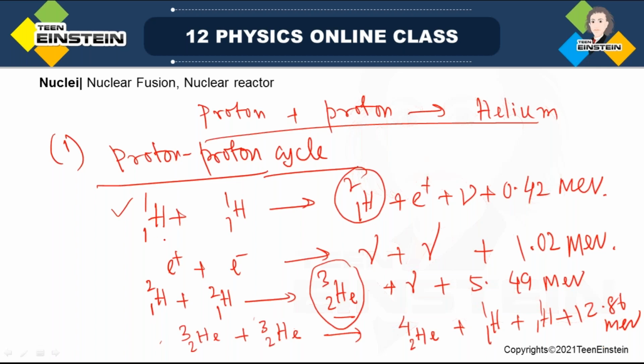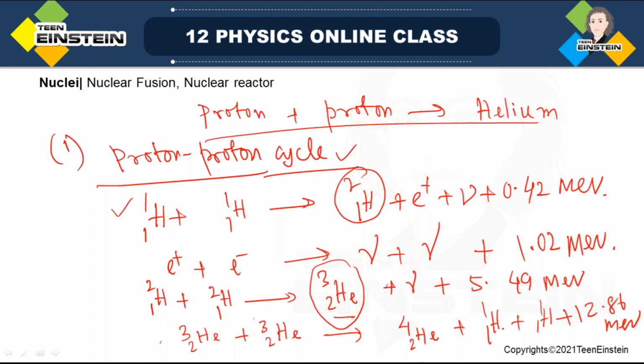So these are the sequence of reactions in the proton-proton cycle which occurs in the stars or inside the sun. Two protons combine to give deuterium, two deuterium combine to give a light helium nucleus, and then two light helium nuclei, after fusing, produce the desired helium nucleus 2He4, which is also called an alpha particle.